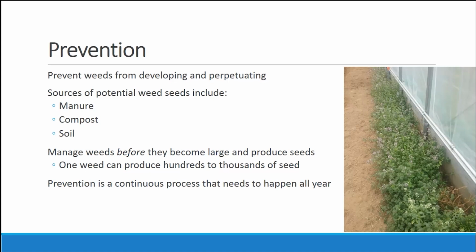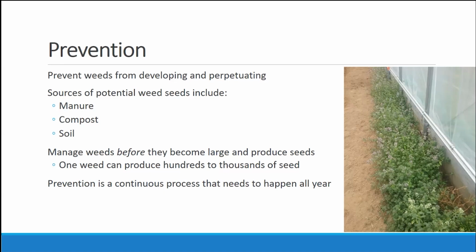The sources of potential weed seeds could include manure, compost, or other soil that you bring in. It could just be in your native soil where you put your high tunnel, of course, but bringing in something, quote unquote, from outside, foreign material that wasn't from your farm, could contribute, or the inside of your high tunnel could create an additional contribution of weed seeds.